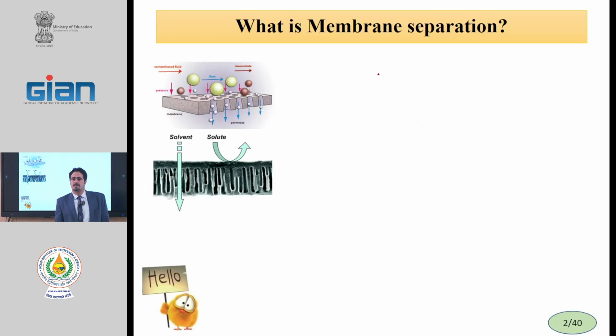The first definition is what a membrane is. We usually say that a membrane is a semi-permeable physical layer. That means membranes allow some materials, some species, some molecules, or some ions to pass, and others cannot pass.